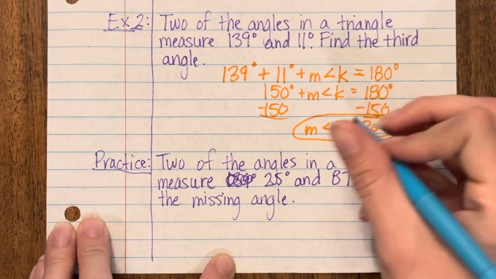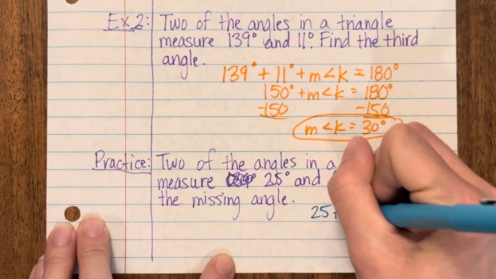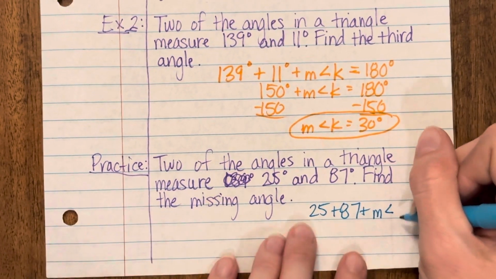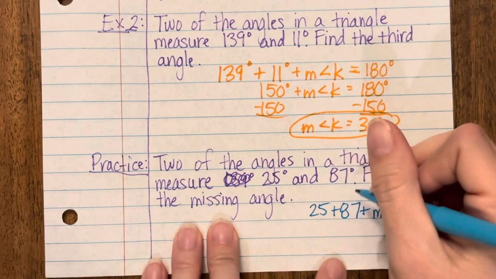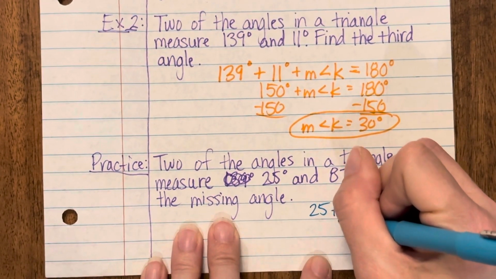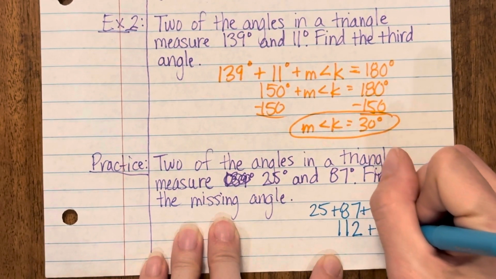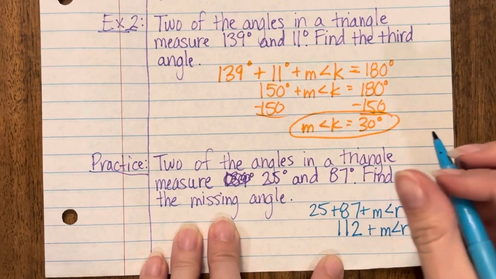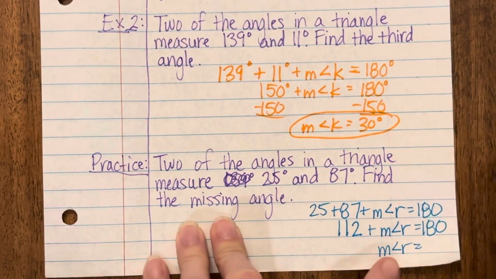I'm gonna go ahead and start doing my work now. So this is 25 plus 87 plus the measure of angle R, we'll just call it R, is equal to 180. This is 112 degrees plus the measure of angle R. And I'm running out of space, so I'm just gonna mentally do that next step.